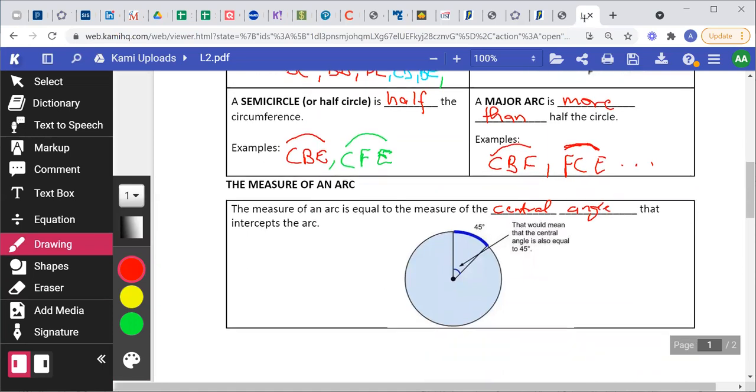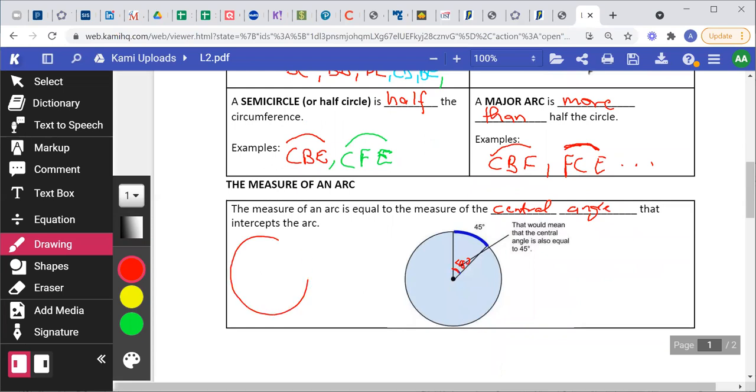Which means once you draw your arc in blue, this blue path, if it's a 45 degree arc, and an arc is also measured in degrees, okay? Your unit is degrees. If it's 45 degrees, that means the angle that is formed down here will definitely be 45 degrees, okay?